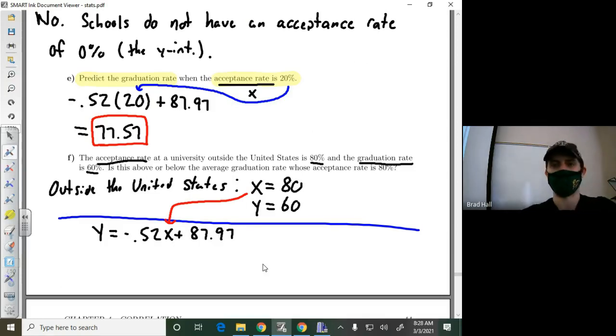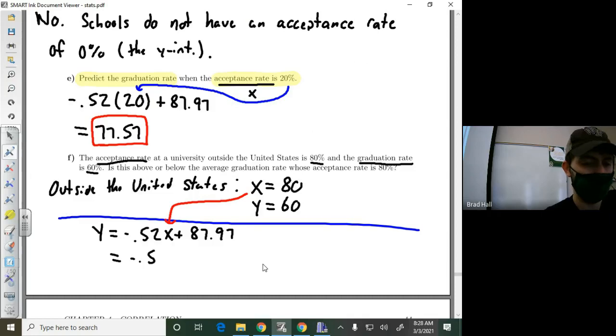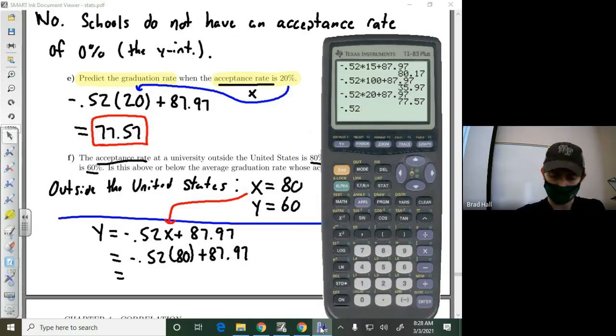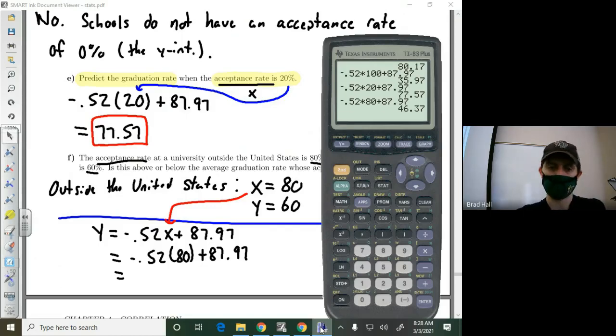Or is it significantly larger, or is it significantly smaller? So we're plugging in 80. We're going to compare the final answer to that 60 that we had. And so we plug this in. We simply obtain negative 0.52 times 80 plus 87.97.